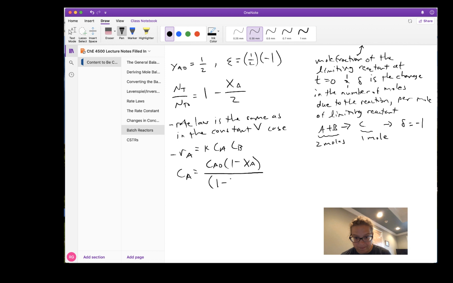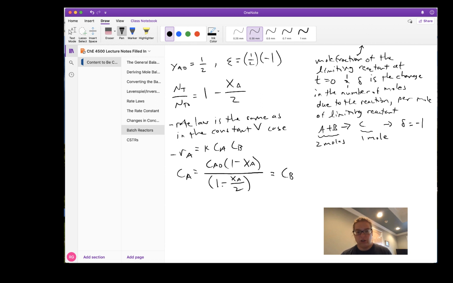This takes into account that as the reaction progresses, the system volume is decreasing because the number of moles is decreasing. That's my expression for the concentration of A. Just like in the last case, this is going to be equal to the concentration of B. The number of moles of A and B initially are the same, and they're going to change identically over the course of the reaction, so they're always going to be equal.